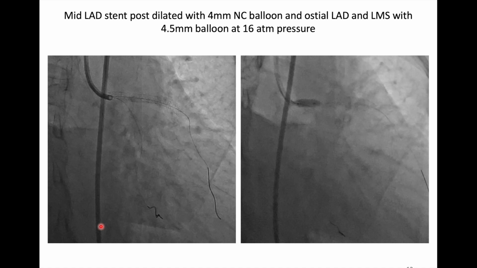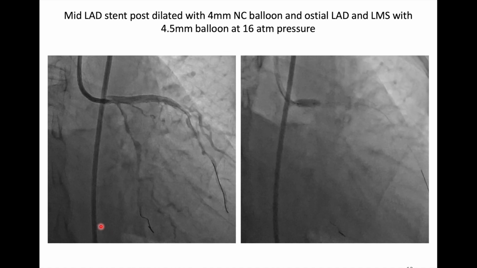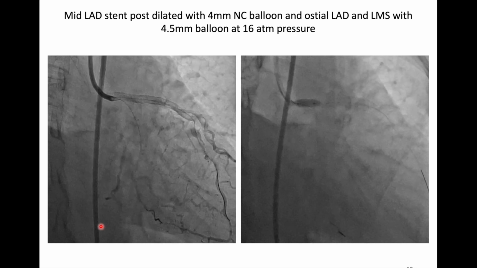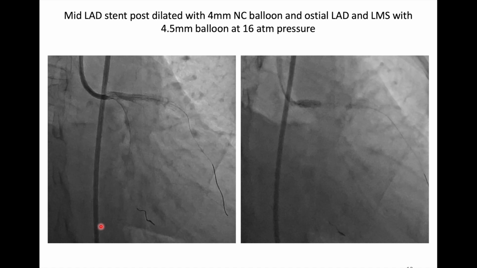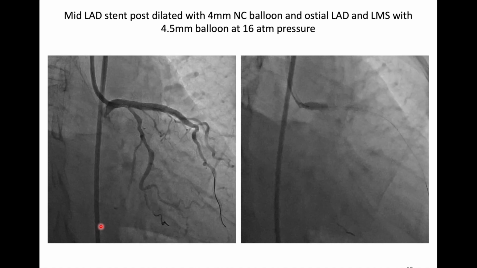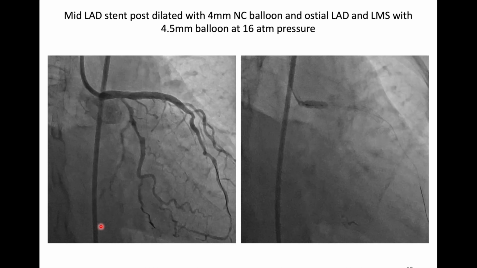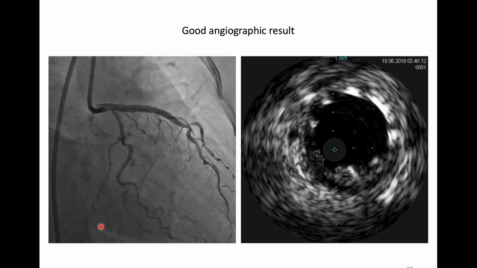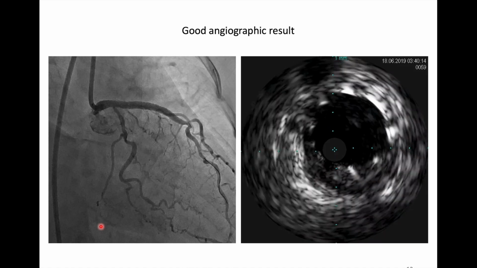So we used a 4 millimeter non-compliant balloon for the mid LED post dilatation, and then we used a 4.5 millimeter balloon in the ostium of the LED and in the left main stem at 16 atm pressure. So high pressure with a 4.5 millimeter non-compliant balloon. That's the final result. So that looks like a perfect angiographic result.